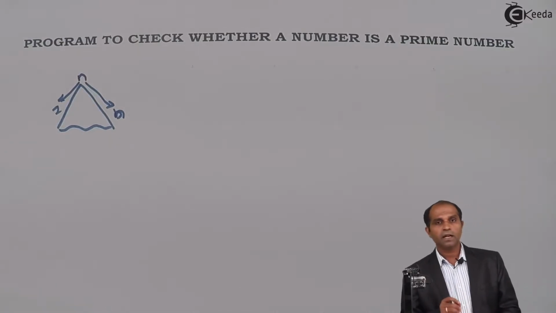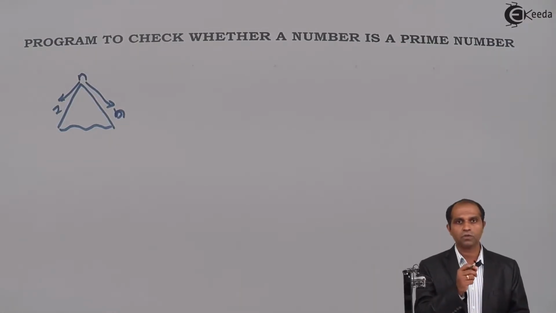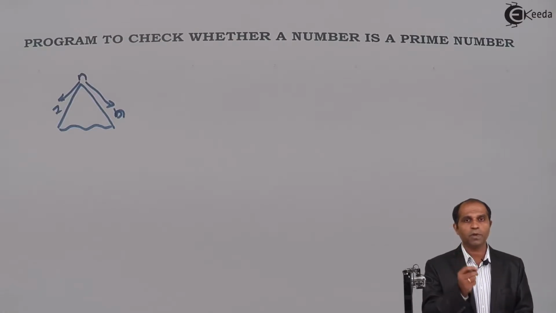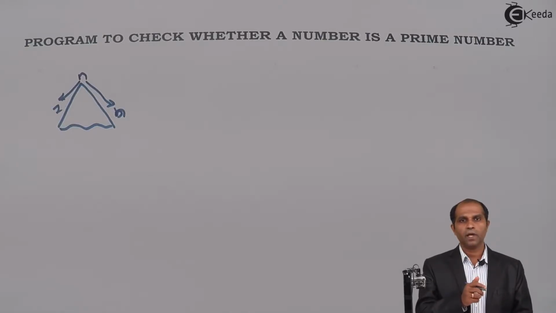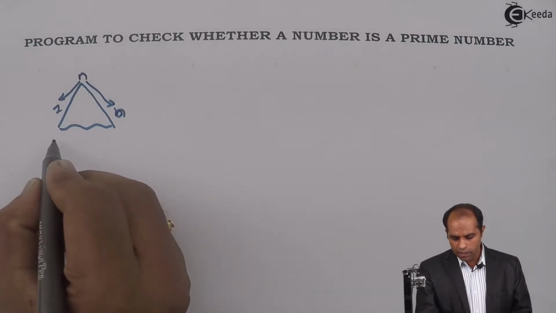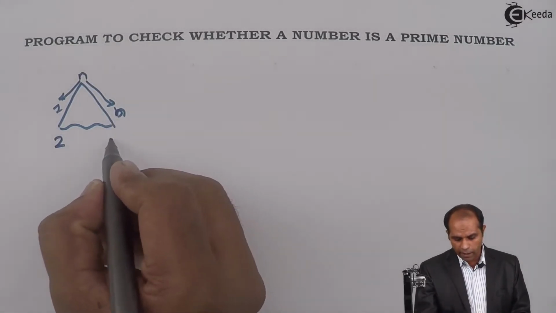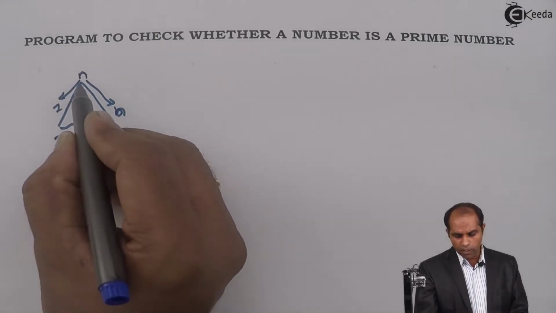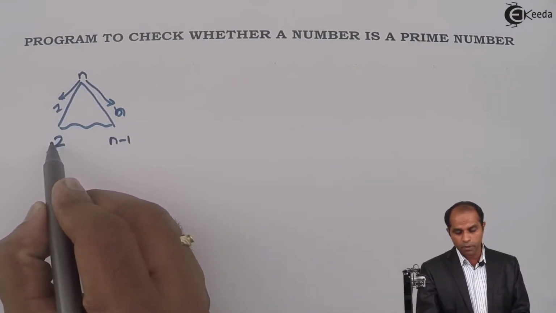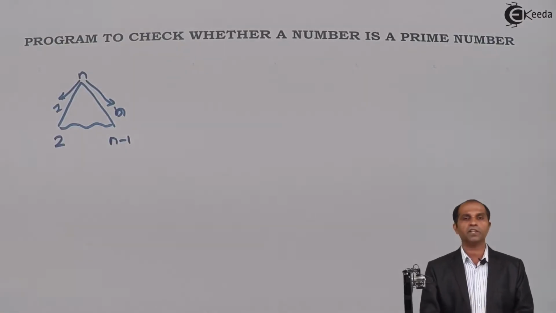So a number is said to be prime if it is not divisible by any number apart from 1 and n. The smallest such number can be 2 and the second last number can be n minus 1. So any number will be called a prime number if it is not divisible by a number in the range of 2 to n minus 1.